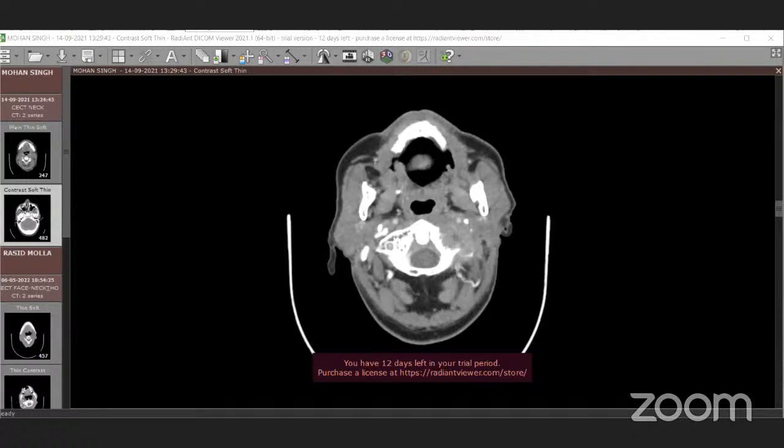Yeah, so we are going to start this session. Just a summary for today's session: today we are going to discuss the oropharynx and hypopharynx and their subdivisions. Along with it, for neck node contouring, there are some tricky structures.